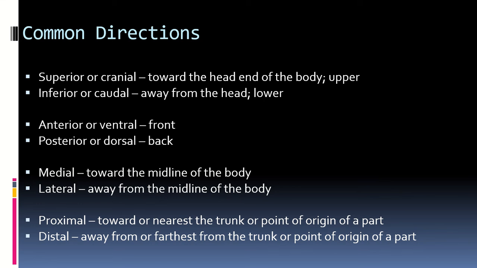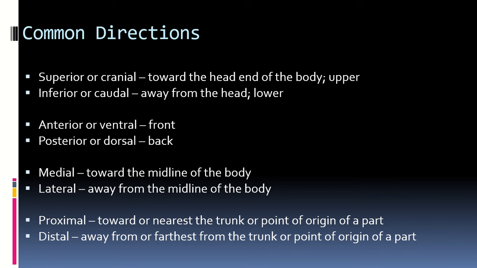Anterior, ventral means toward the front of the body, whereas posterior and dorsal mean toward the back of the body. The medial direction is moving closer to the middle of the body, whereas the lateral direction is moving further away from the middle of the body.